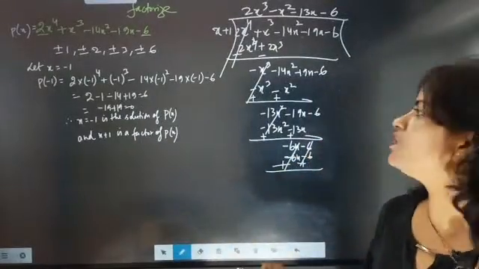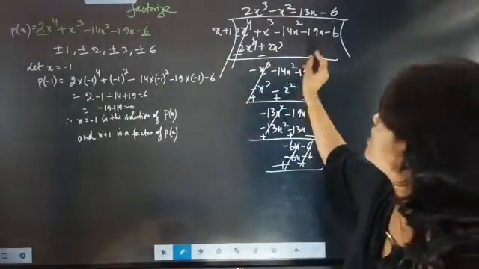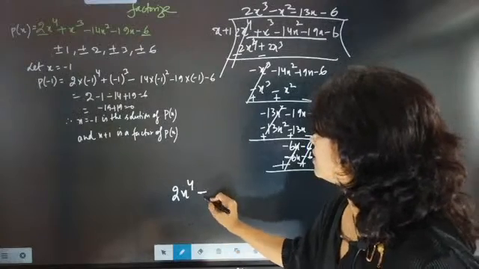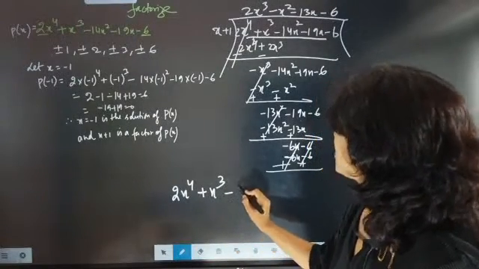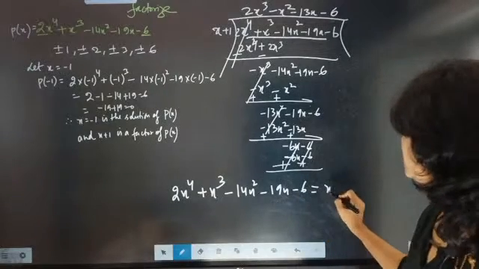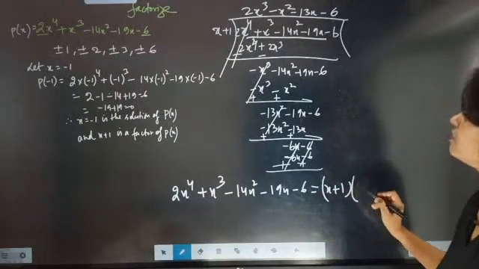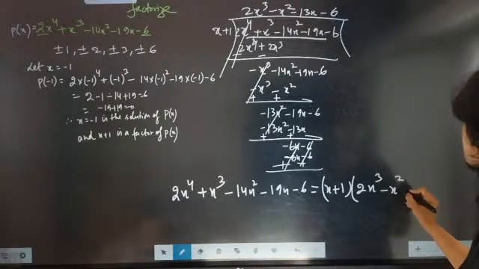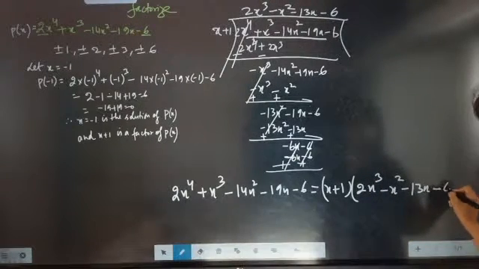You know dividend is equal to divisor into quotient plus remainder. So 2x^4 + x^3 - 14x^2 - 19x - 6 is equal to x plus 1 into 2x cube minus x square minus 13x minus 6.